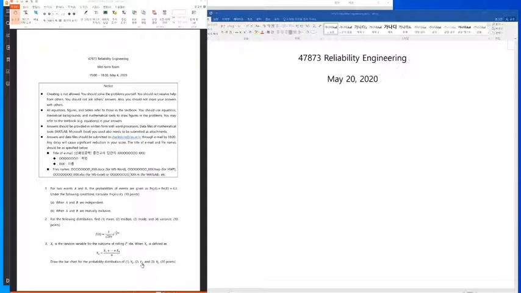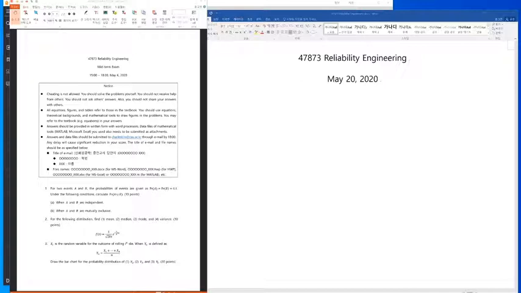And some students also tried to enumerate all 216 cases and then find this distribution. But starting from Y5, it is very hard to find the distribution by enumerating all possible cases. So from this point on, you need some mathematical background to provide an answer for this.